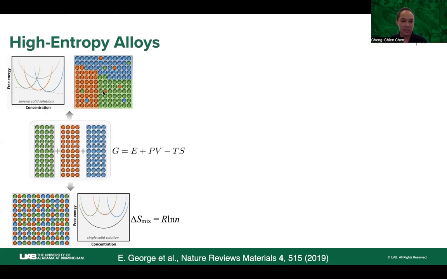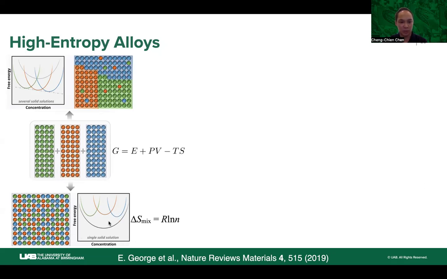For example, one possibility is that they will phase separate and form regions of different elements. In this case, this will be a multi-phase compound.